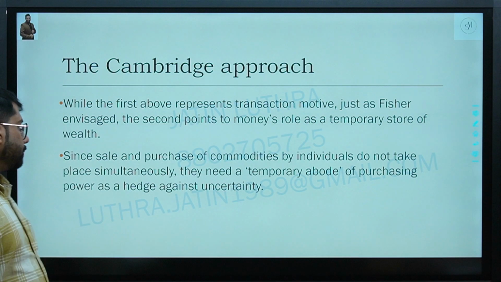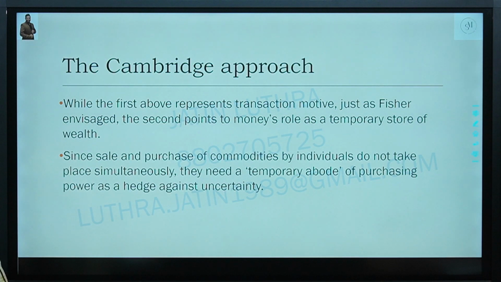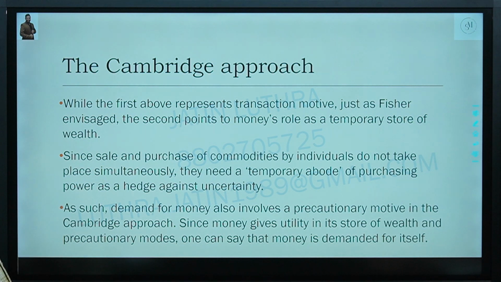Since sale and purchase of commodities by individuals do not take place simultaneously, they need a temporary abode of purchasing power as a hedge against uncertainty. As such, demand for money also involves a precautionary motive in the Cambridge approach. Since money gives utility in its store of wealth and precautionary modes, one can say that money is demanded for itself.